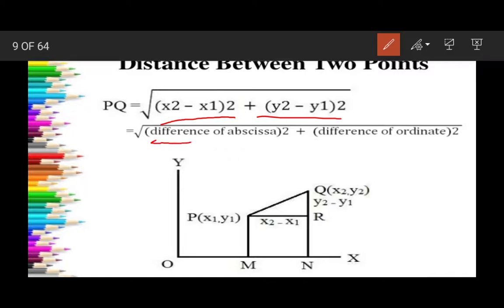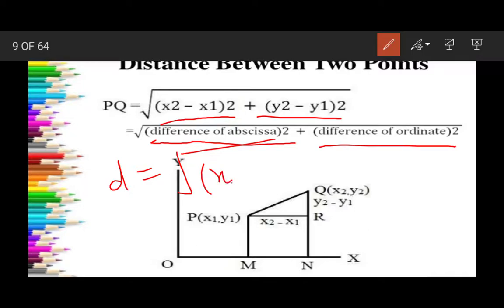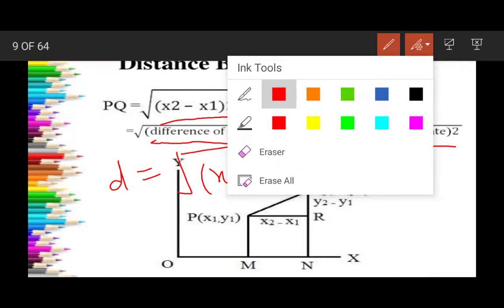That means the difference of x whole square plus the difference of y whole square. So d is equal to root of (x2 minus x1) whole square plus (y2 minus y1) whole square. This is known as the distance formula.